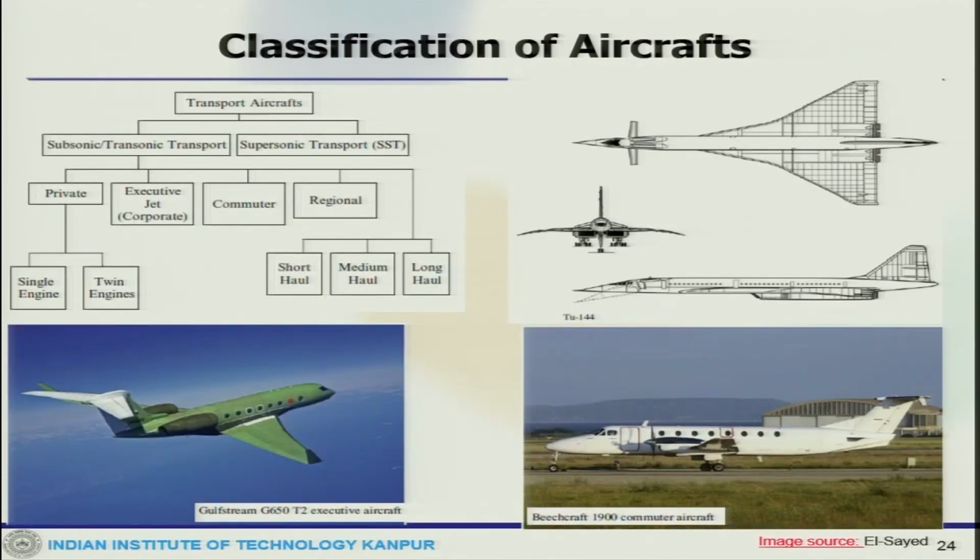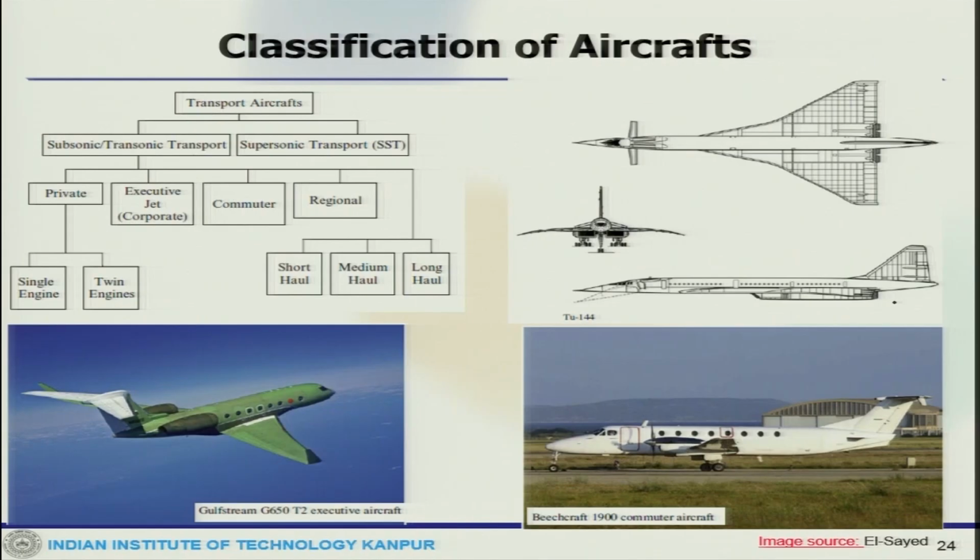Now this transport aircraft, there you can have 2 segments, one is the subsonic transport aircraft, another is supersonic transport aircraft. So the supersonic transport aircraft is the one which is designed to transport passengers at speed higher than the speed of sound, and one is this Tu-144.